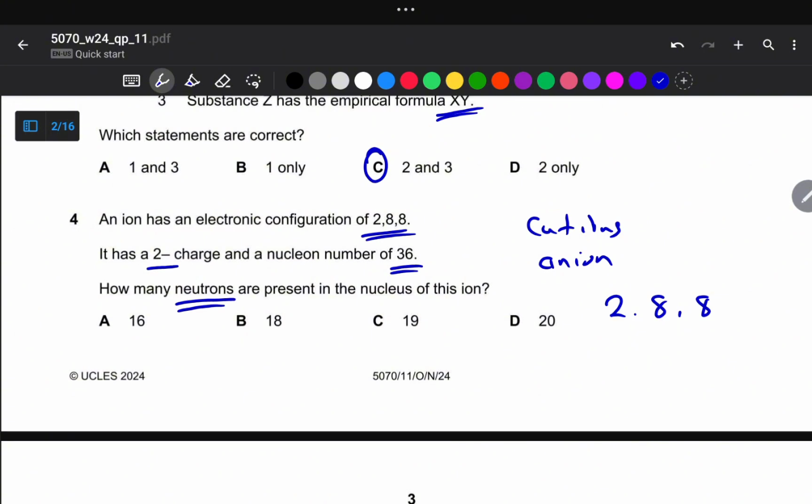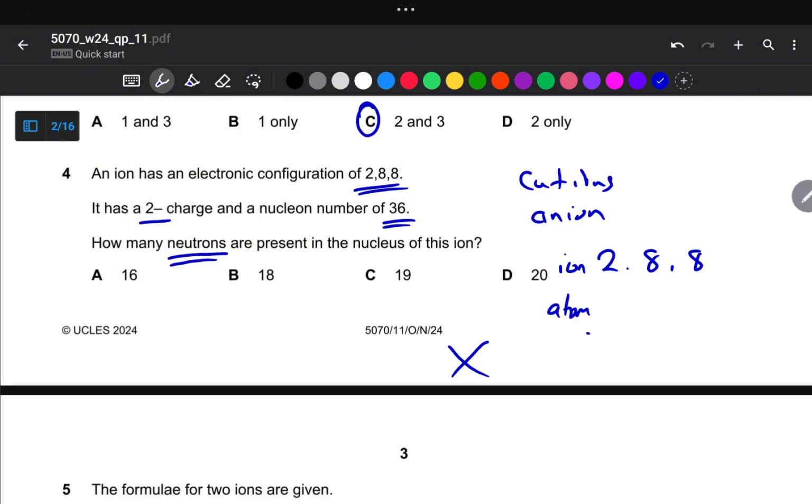So we subtract the number of gained electrons to find the original number of electrons in the atom. So we subtract 2 from this electronic configuration of the ion. So it's 2, 8, and then 6 here.